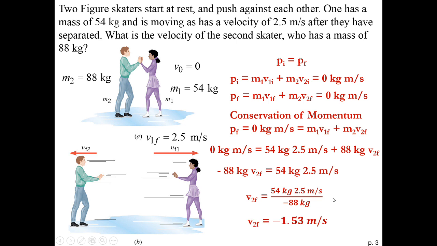If we do that, we find that the velocity of the second skater is negative 1.53 meters per second. Notice the velocity is negative because the second skater needs to be moving in the opposite direction as the first skater. Also notice the heavier skater must have a velocity with a smaller magnitude, while the lighter skater must have a velocity with a larger magnitude.